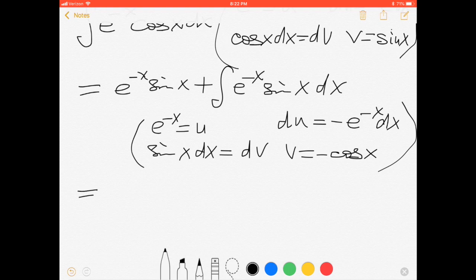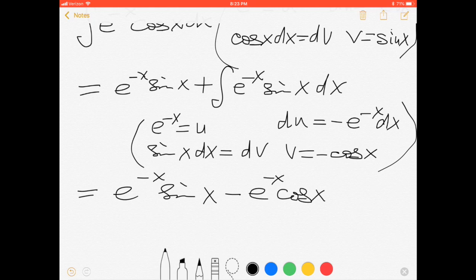We have uv, e to the negative x times negative cosine x, that is minus e to the negative x cosine x. And minus the integral of v du, and here we have 2 minuses, this means minus the integral of e to the negative x cosine x dx.